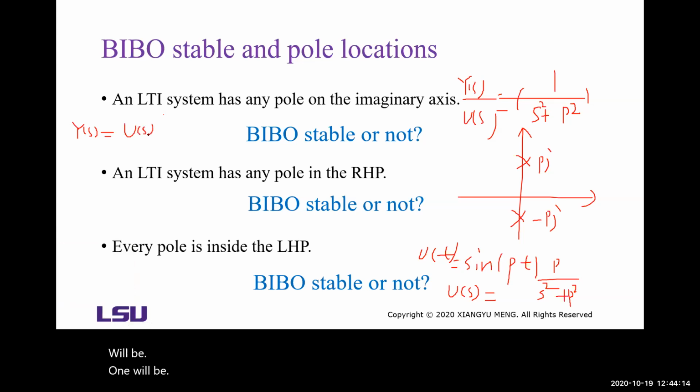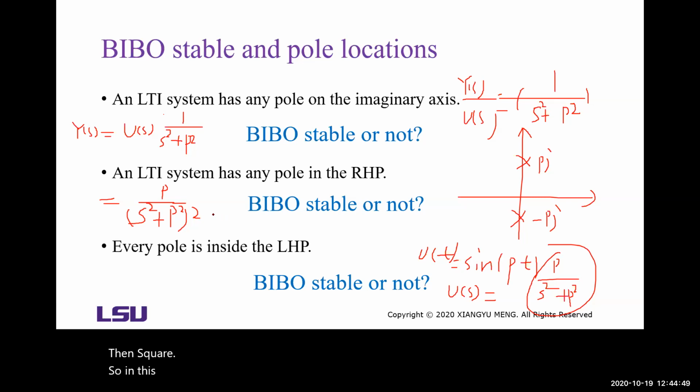Then Y(s) will be U(s) times the transfer function, so we have p over s squared plus p squared, squared.